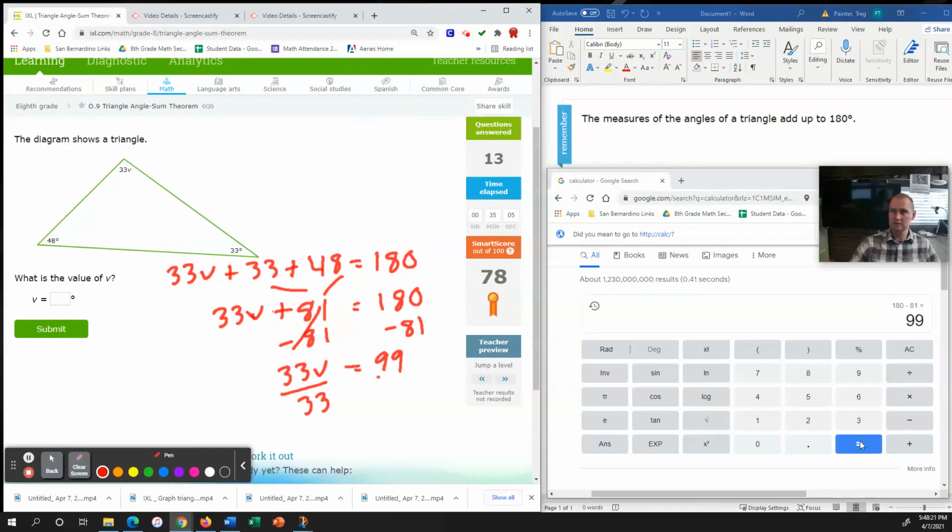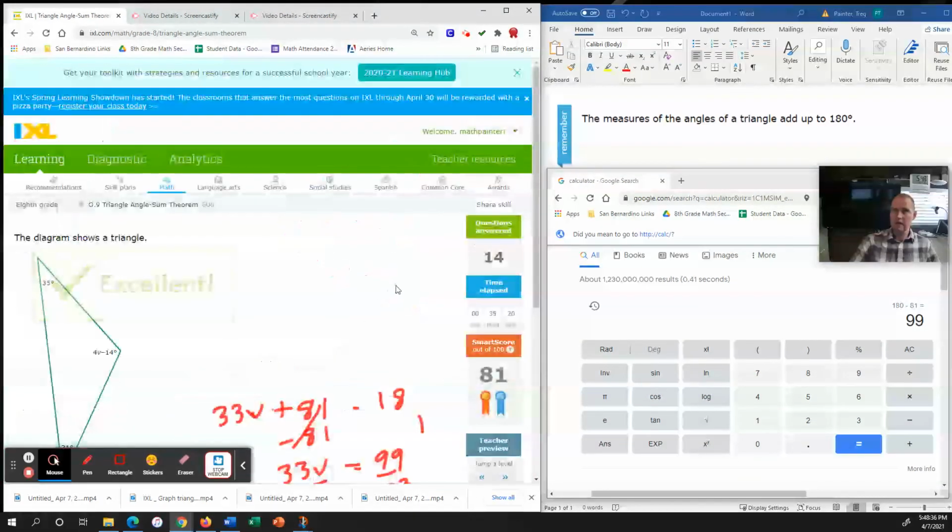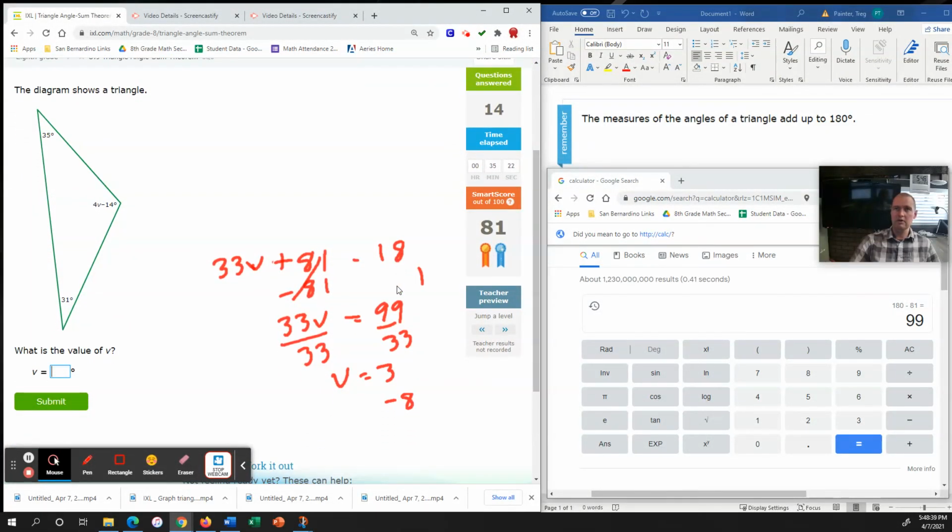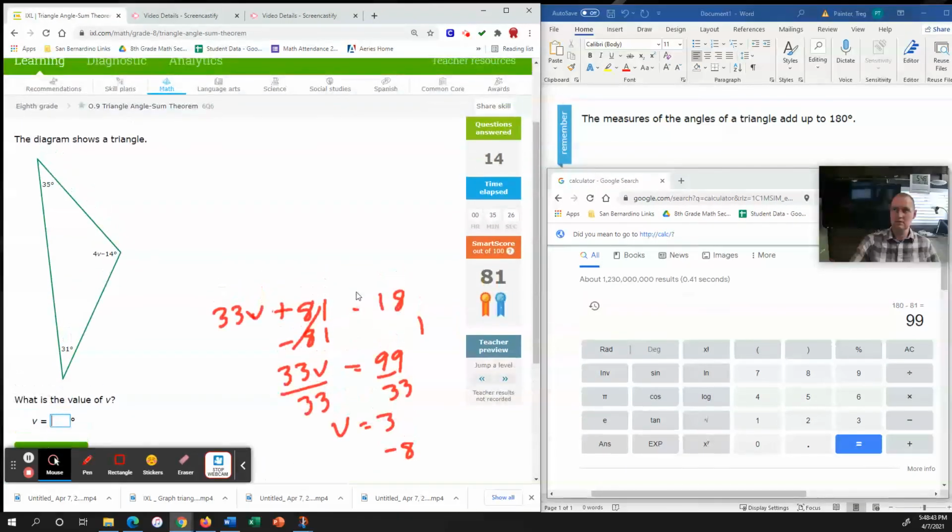Divide 33, and therefore v equals 99 divide 33 is 3. So we're going to go ahead and plug in 3. And awesome. That takes me to our final score of 81 for IXL O.9 triangle angle sum theorem.